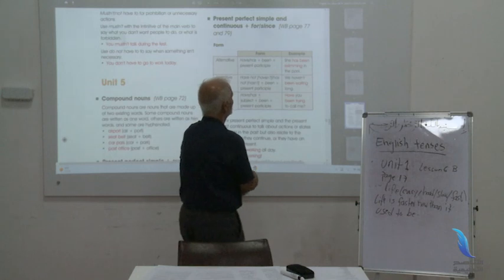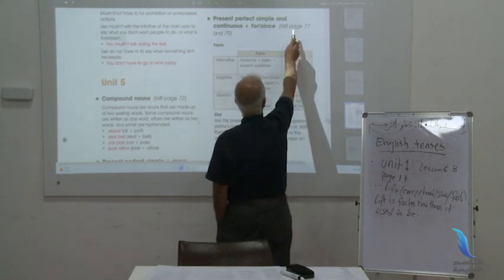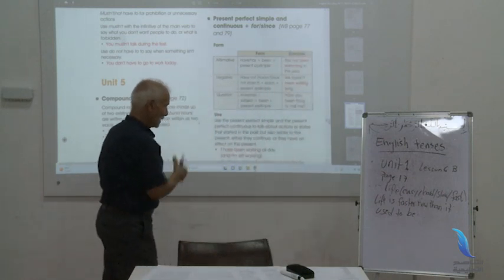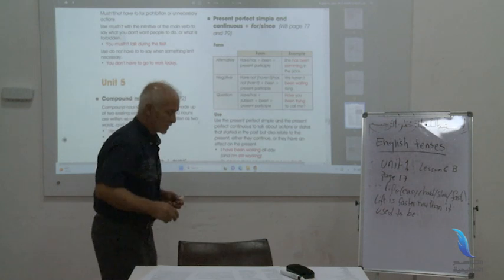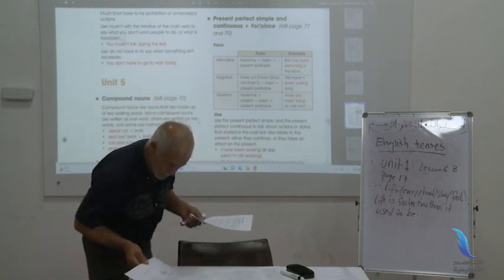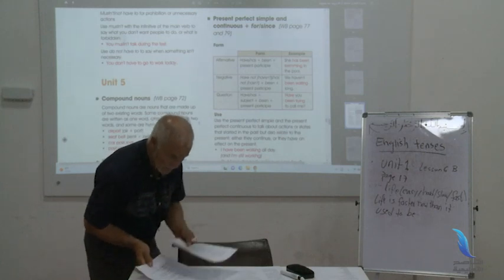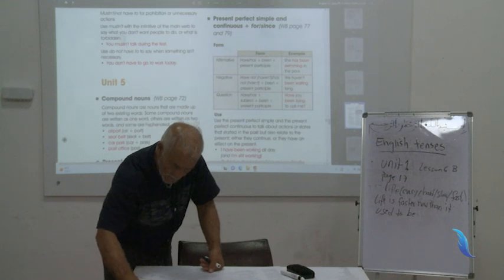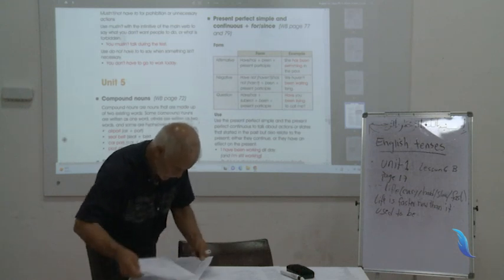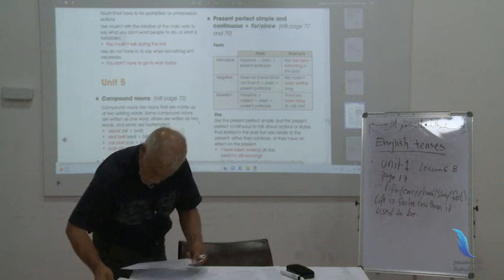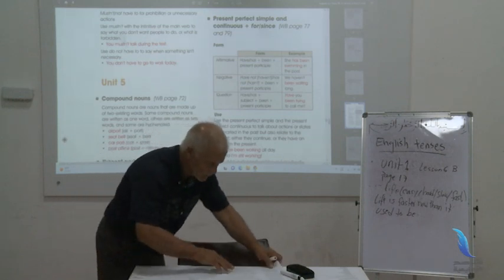If you want to see some exercises, in your workbook, pages 77 and 79. Let me see if I have this past continuous. I think I have it somewhere. Conditional. Present continuous or future.